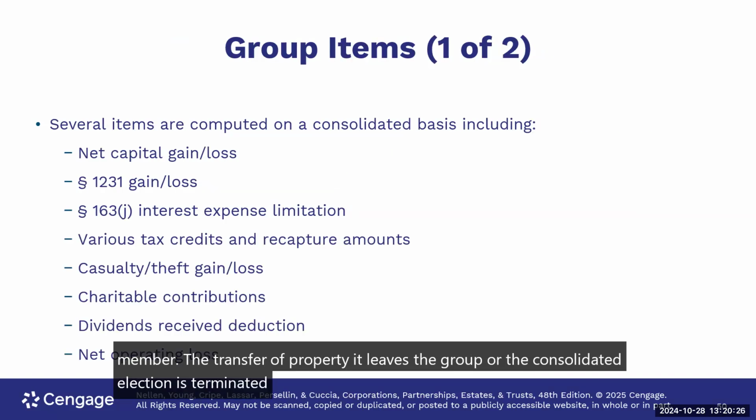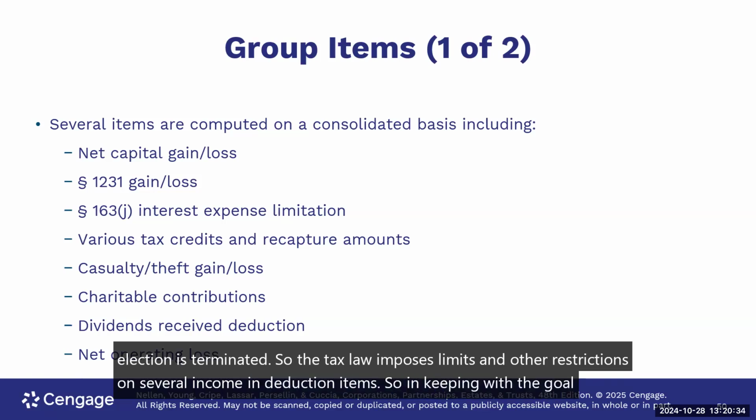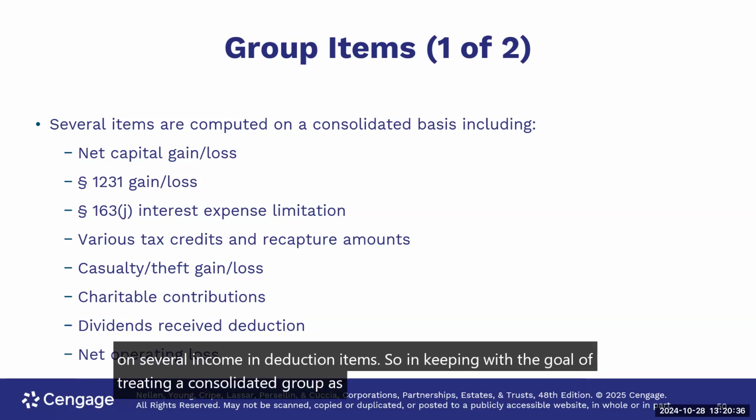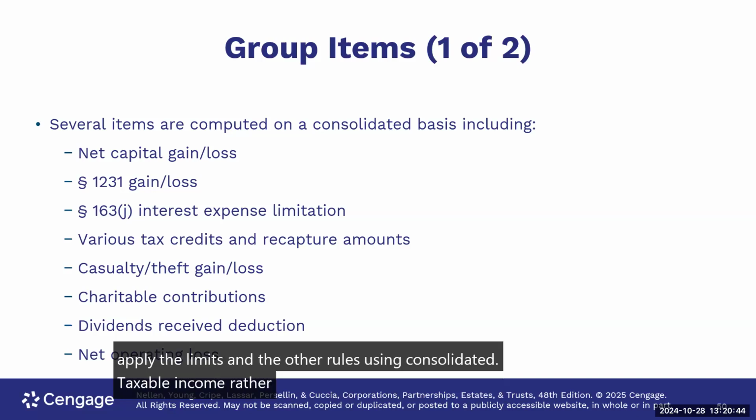The tax law imposes limits and other restrictions on several income and deduction items. In keeping with the goal of treating a consolidated group as one combined taxpayer, the group will apply the limits and other rules using consolidated taxable income rather than separate company income.